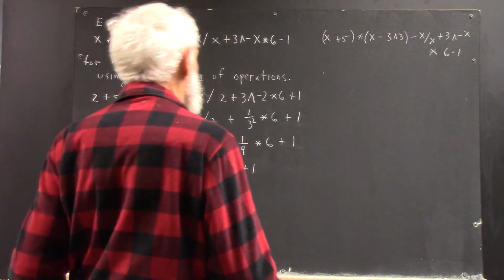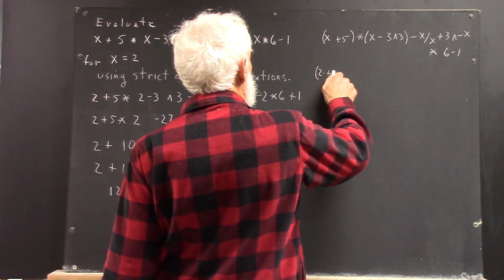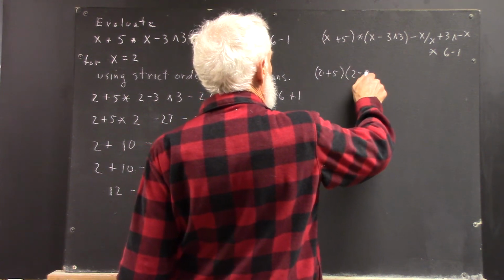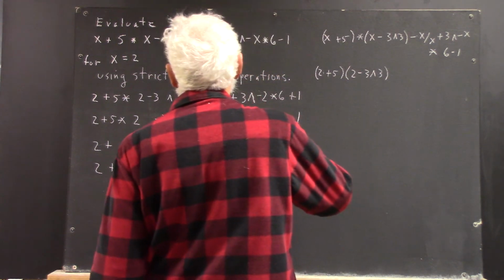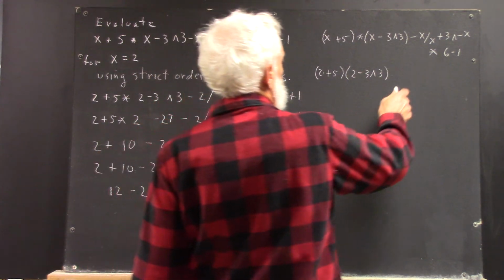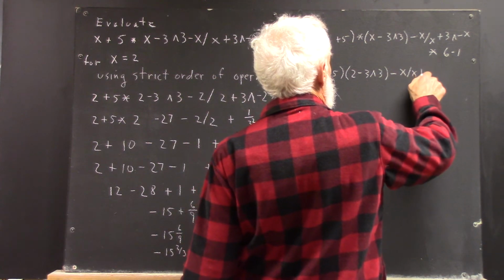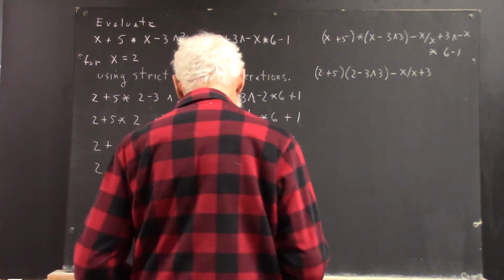Then, when I substitute 2, I'm going to have 2 plus 5 multiplied by 2 minus 3 raised to the third minus x over x. It's not x, it's 2.